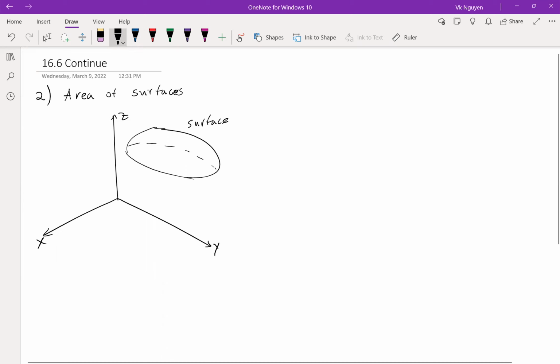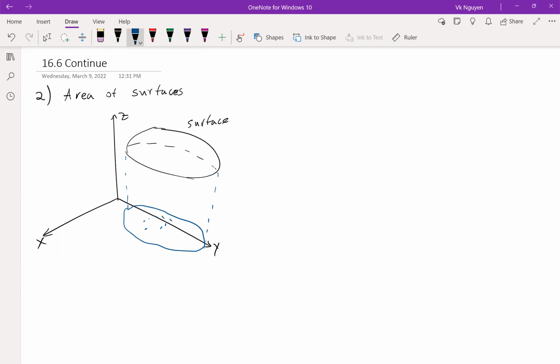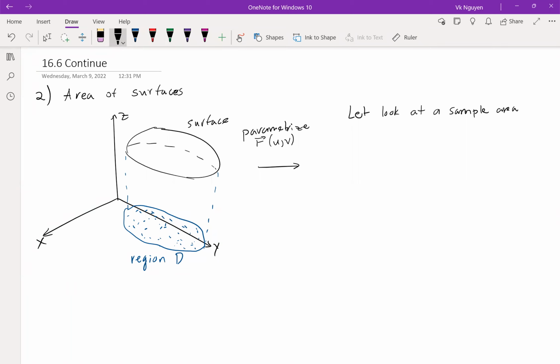Okay, down here we get a region D. Something like this is the region D. Okay, so we'll take a look at a sample area, and you will see that it would be somewhere right here. Right? Put this in here. Sample area.